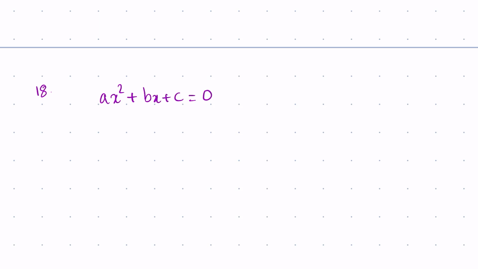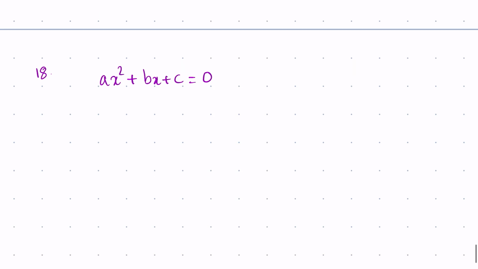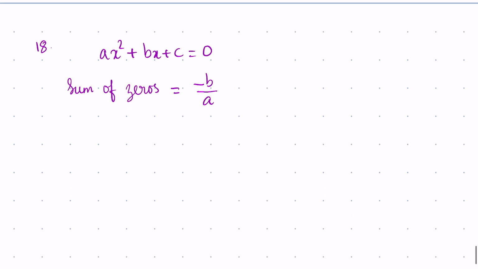That's our quadratic equation. We know that the sum of zeros of a quadratic equation in this form is equal to minus b by a, and the product of zeros is equal to c by a.